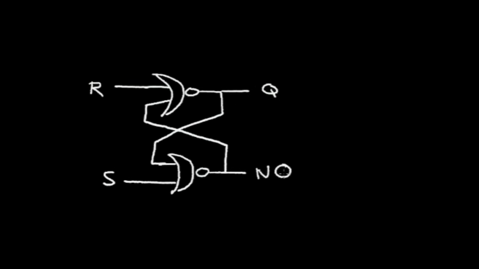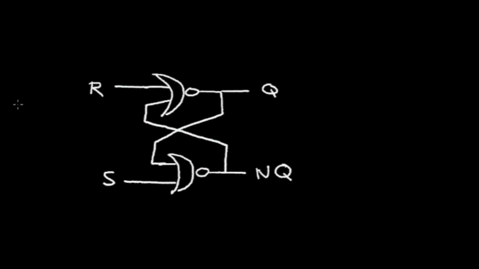Connect this output over to this other input. And let's change this to reset, and this we'll call set. And let's label this as Q and not Q.